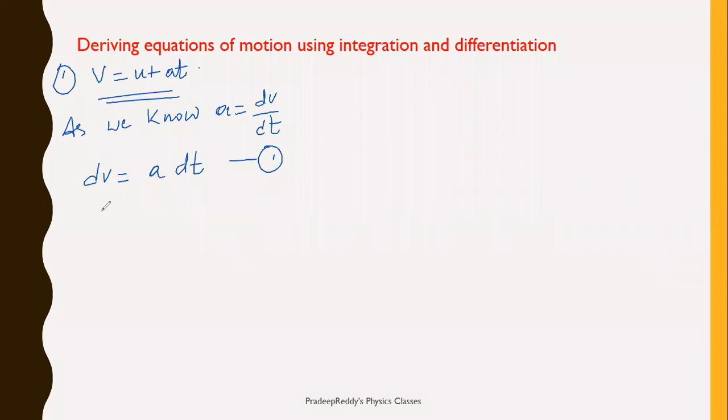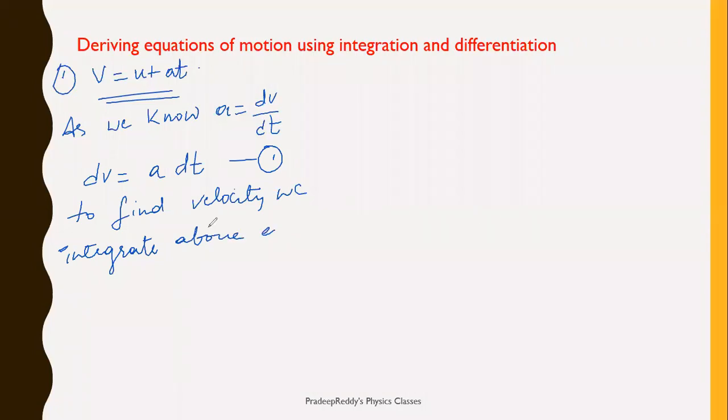Now what you are supposed to do, to find velocity, we integrate the above equation. Now we integrate this equation, that is integration dv is equal to integration a into dt, right?